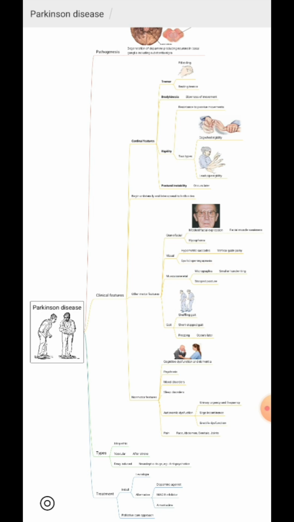And there are non-motor features like cognitive dysfunction and dementia, psychosis, mood disorders, sleep disorders, autonomic dysfunction, and pain. And there are 3 types of Parkinson's disease. And regarding the treatment, initial therapy can be done with levodopa or other alternative medications, and also a palliative care approach is needed for these patients.